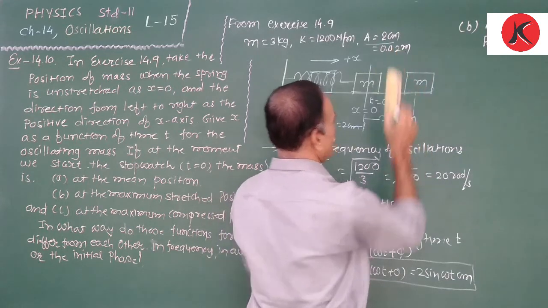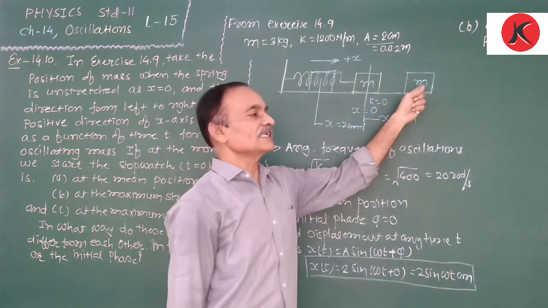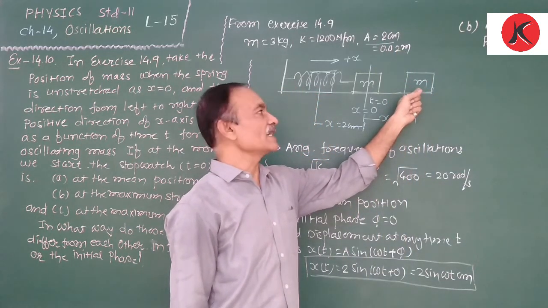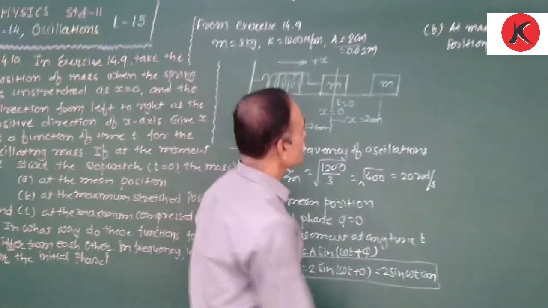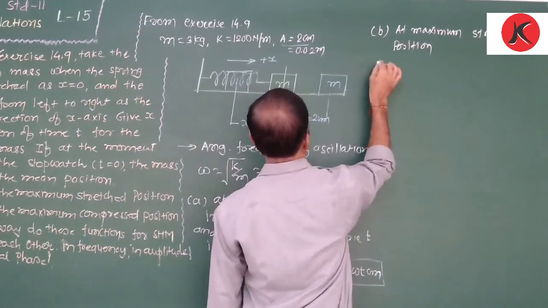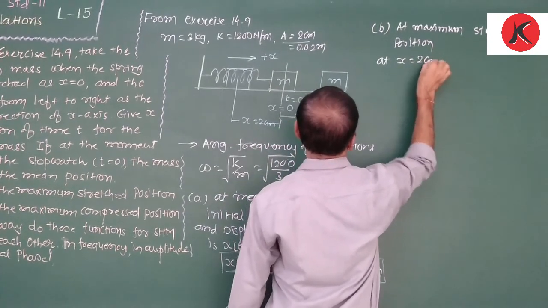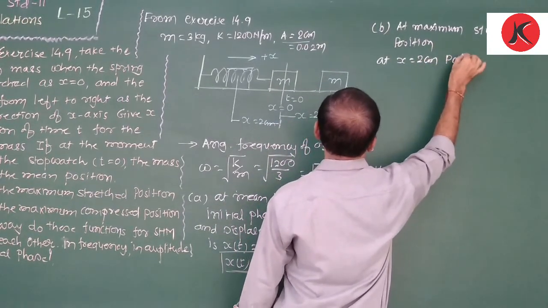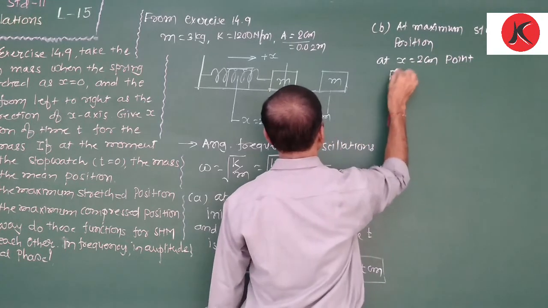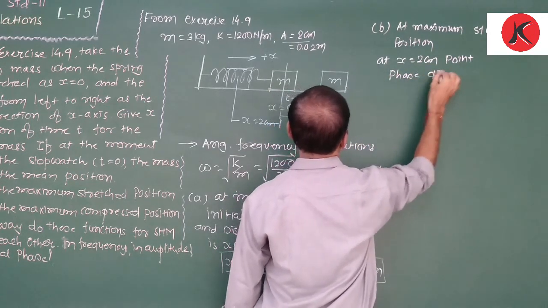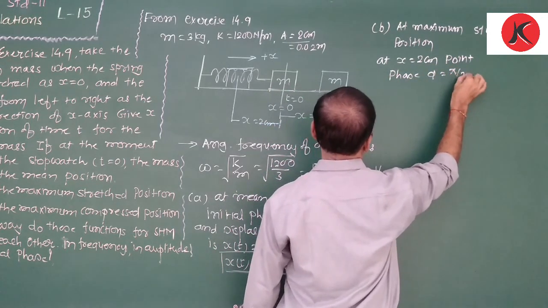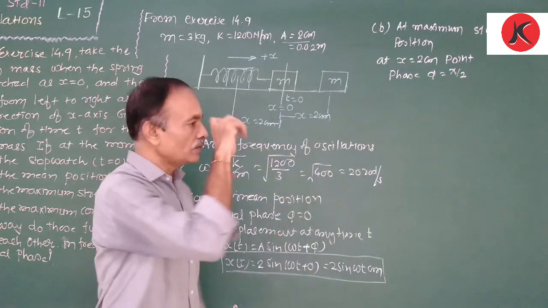So that is the first point. So here its phase is pi by 2. That means at the x equal to 2 centimeter point, phase phi is equal to pi by 2 radian.